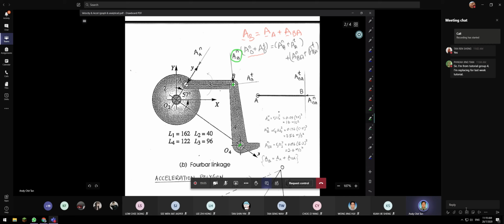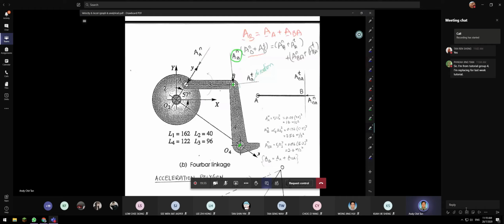Therefore, the line is from B to the center of rotation. All right, the direction of the arrow. Okay, now direction of AB3 is at this moment unknown. So we just draw the direction. Direction is perpendicular to link BO. All right, perpendicular. So you just draw that.